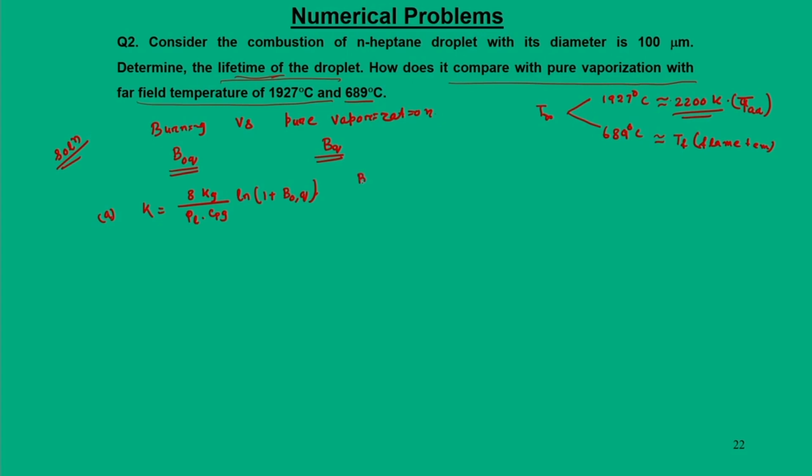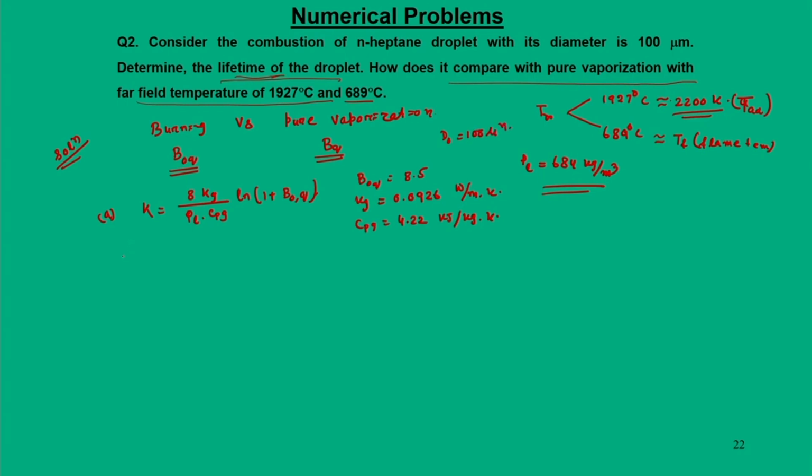BOQ is 8.5, kg is 0.0926 watt per meter Kelvin thermal conductivity, CPG is 4.22 kilojoule per kg Kelvin, liquid rho L is 684 kg per meter cube, that is density in the liquid phase for the fuel, in this case n-heptane, and initial diameter D0 is 100 micron.